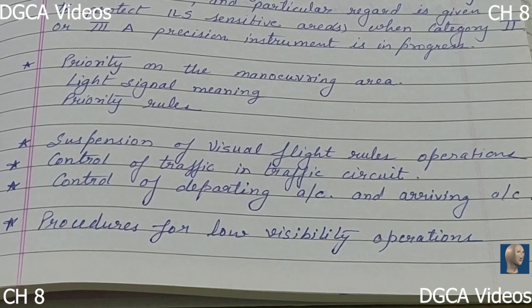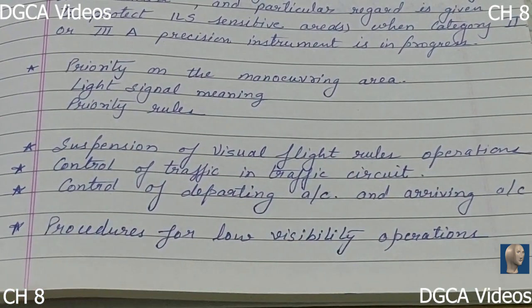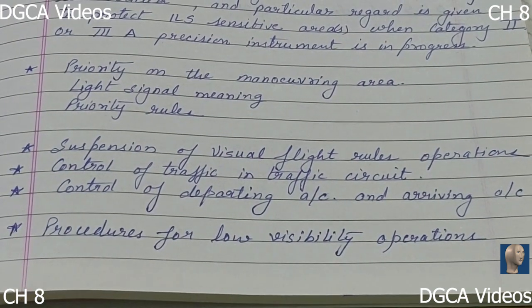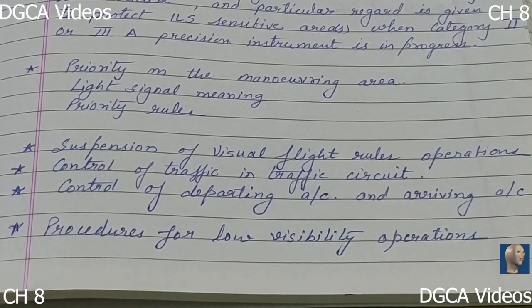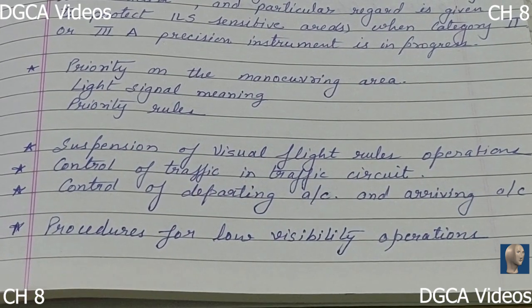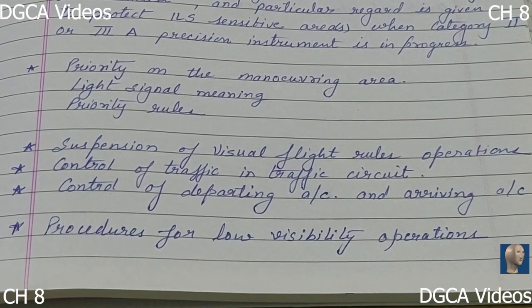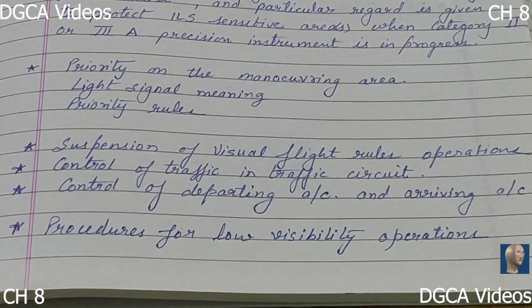Okay, moving on to the control of traffic in the traffic circuit. First we'll be talking about the entry to the traffic circuit. The clearance to enter the traffic circuit should be issued to an aircraft whenever it is desired that the aircraft approach the landing area in accordance with the current traffic circuits, but traffic conditions do not yet allow a landing clearance to be issued.